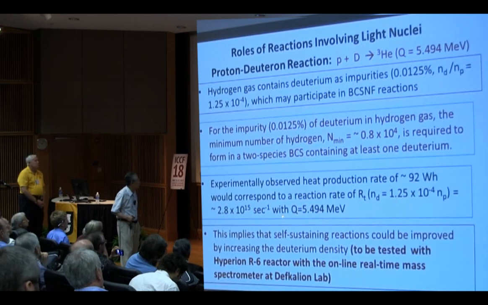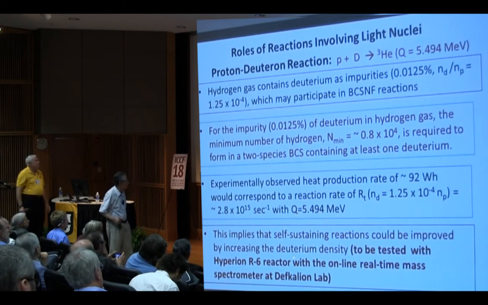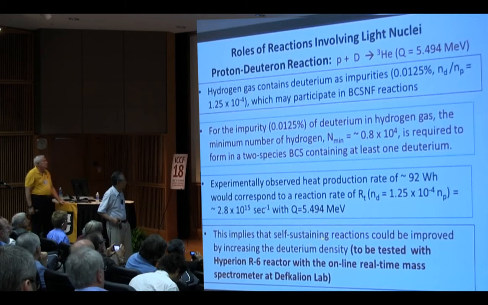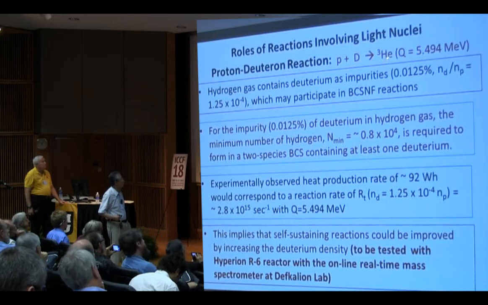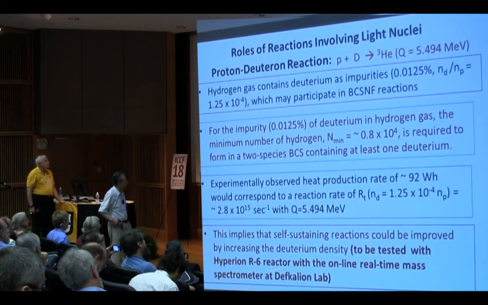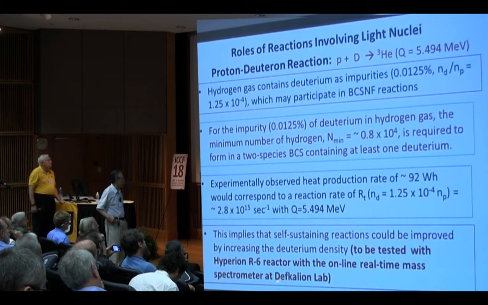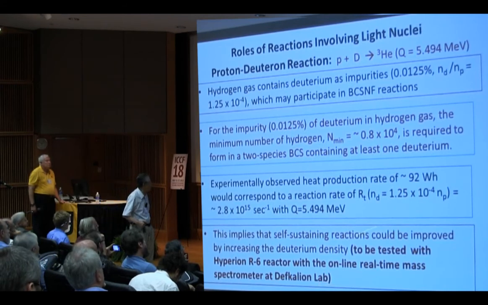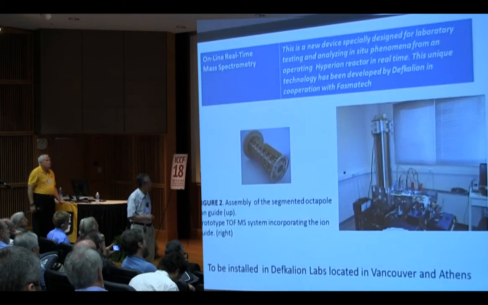This experiment has been done, and the Korean group is trying to do this, to see whether this prediction is correct or not. First of all, you have to take the heating, hopefully with an online real-time mass spectrometer. The Koreans asked some company to develop it, and they built two of them.